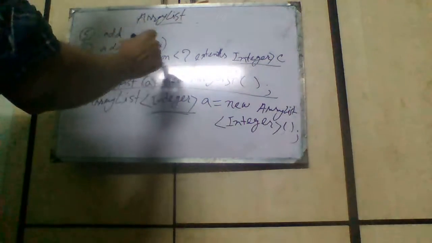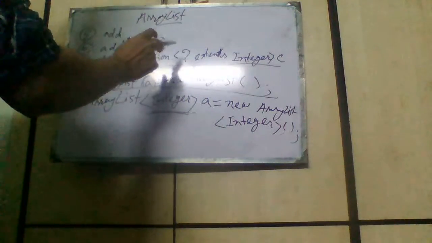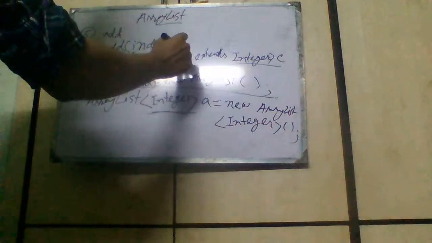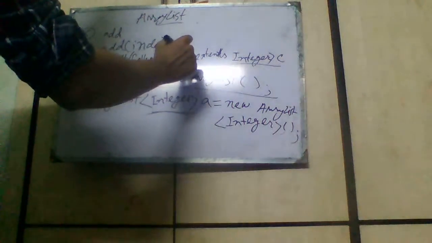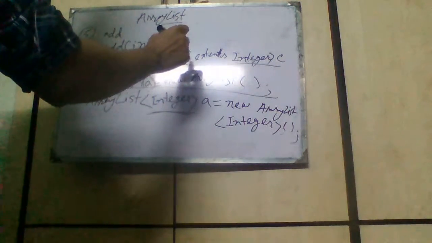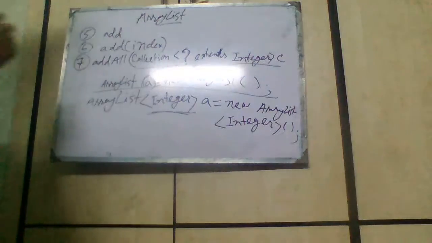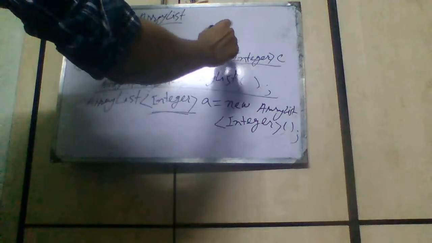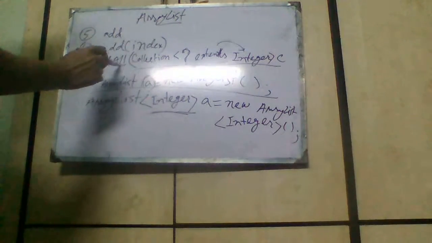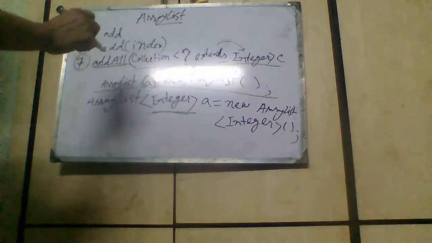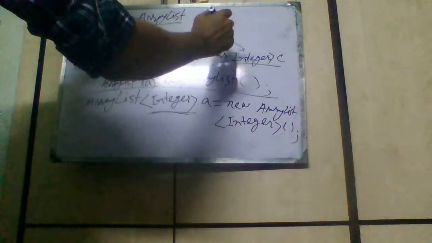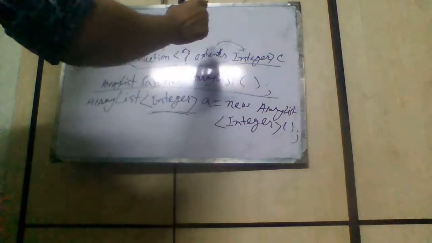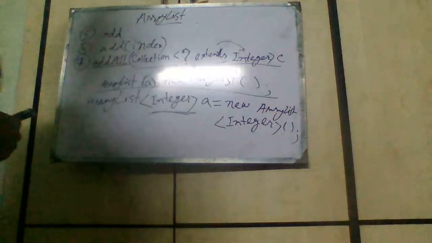Fine. Here you look, Collection is an interface. Here this symbol means all kinds of classes. Extends Integer means these methods only accept Integer types of ArrayList, right?